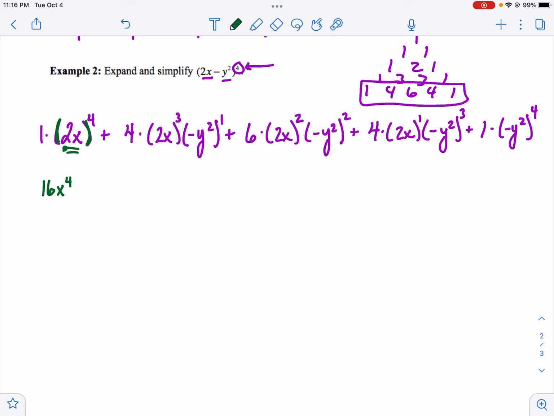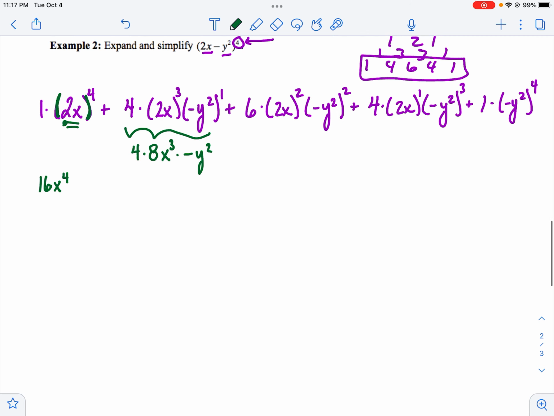So then over here, when I go to do this next one, it might be helpful to just go ahead and write out some stuff here. So we're going to have 4, 2 to the third is 8x cubed. Right? And then the negative is to the first, so it is going to come out negative y squared.